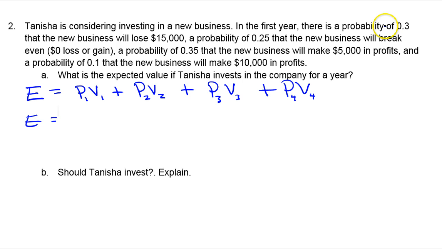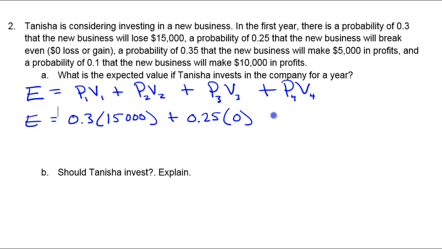So the first probability is 0.3, and that's for the $15,000 value. Oh, okay, losing $15,000. So let us not forget the negative sign. The second probability, there is a 25% probability that the business will break even.